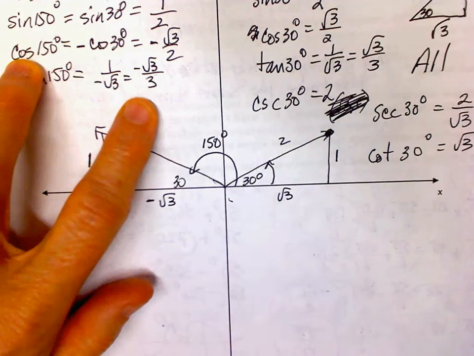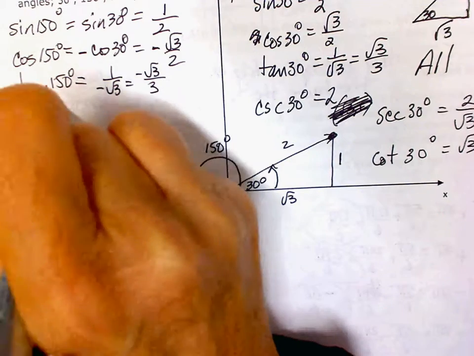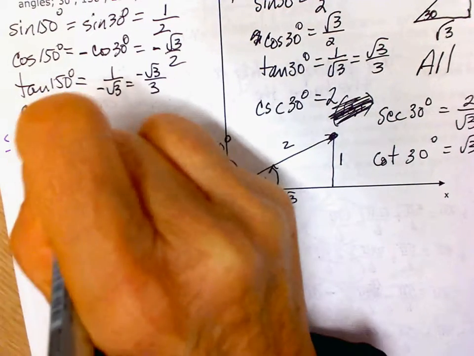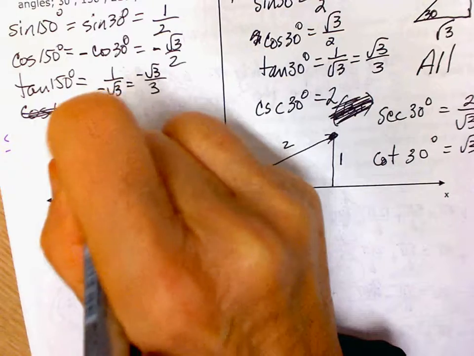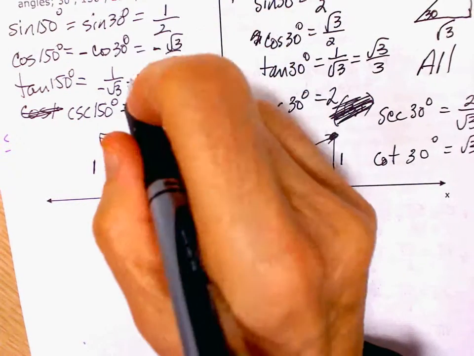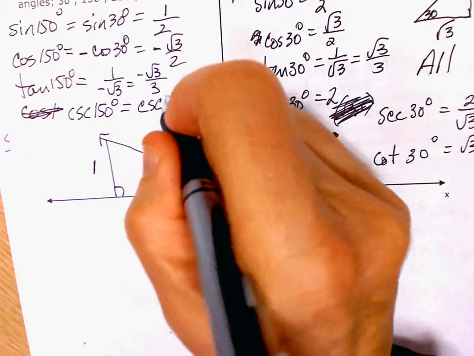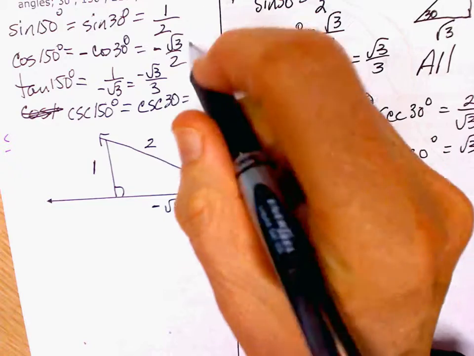That's what you need to realize. So, cosecant of 150 degrees is equal to the reciprocal of this. So this is going to be equal to the cosecant of 30 degrees, and this is equal to 1/2.